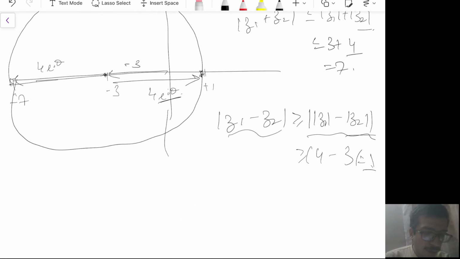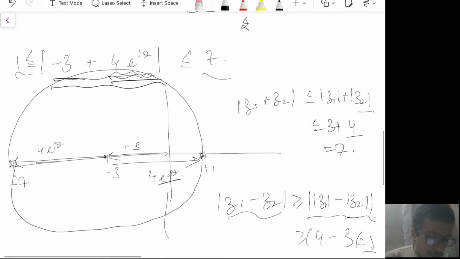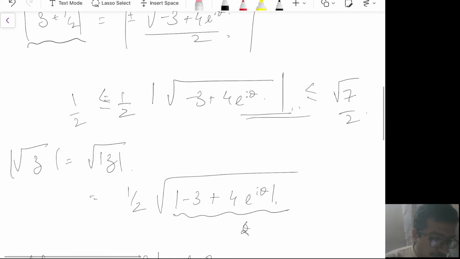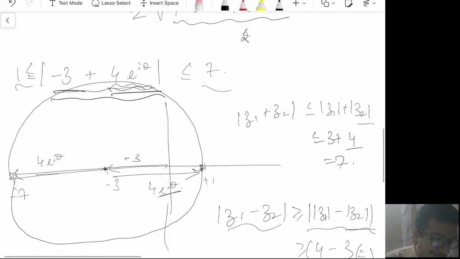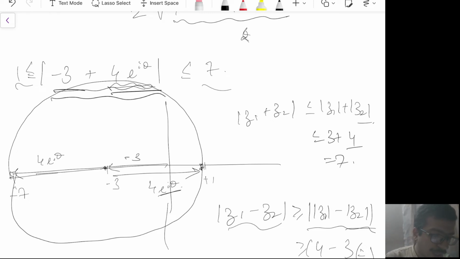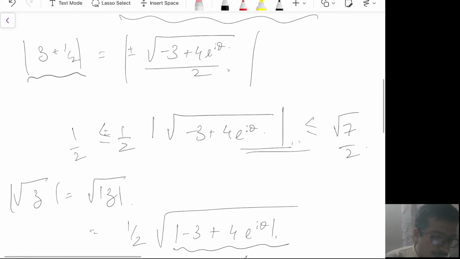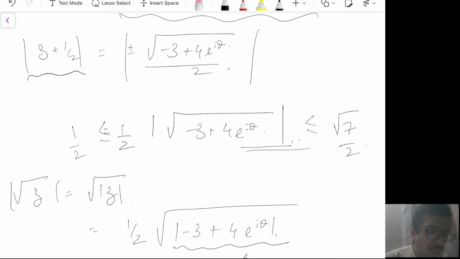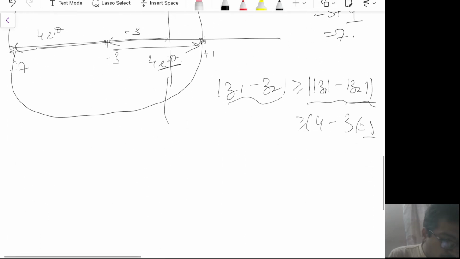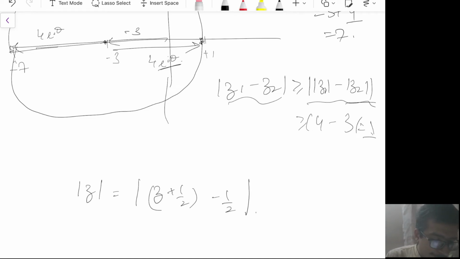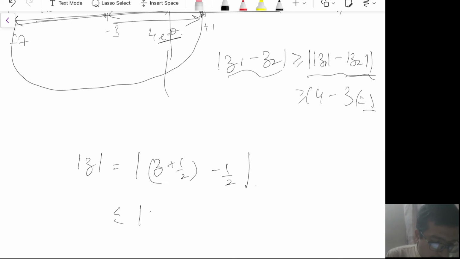Okay, so now if I look at mod z, where should it lie? I know that mod z plus half actually lies on this sort of circle, right? So where can z lie? For that I can say that mod of z equals mod of z plus half minus half, which is less than or equal to mod of z plus half plus half.